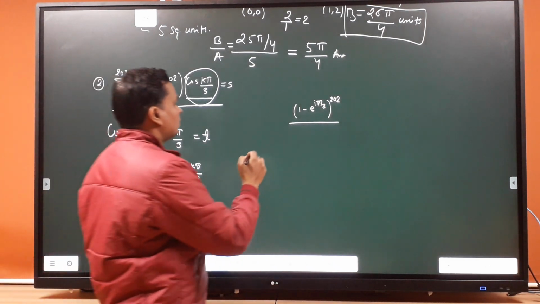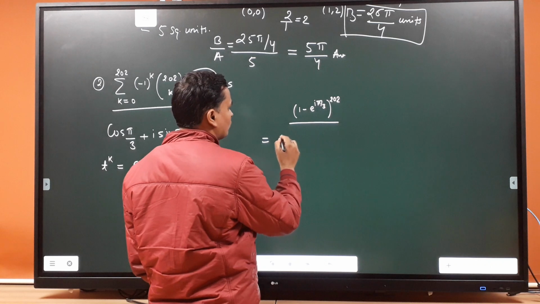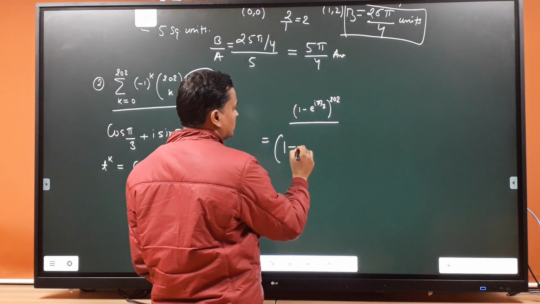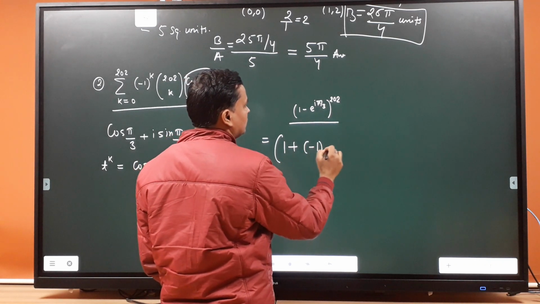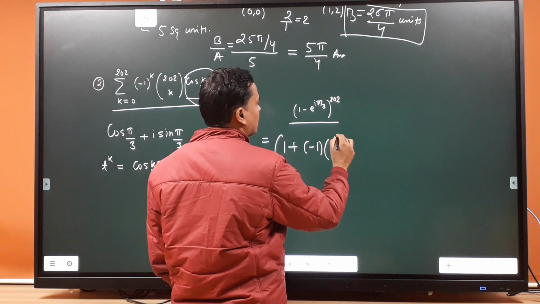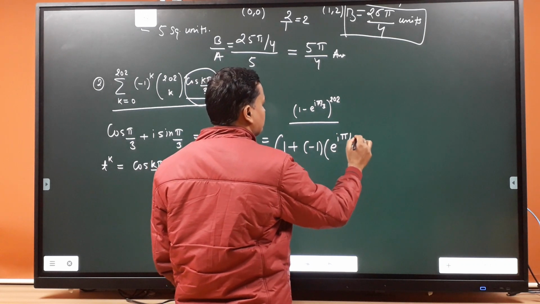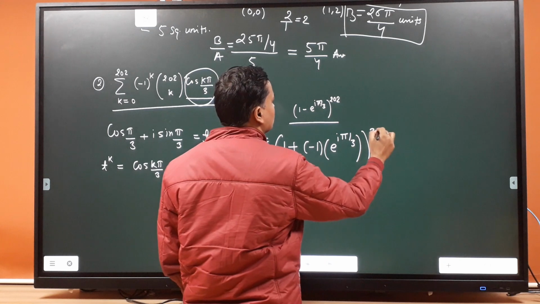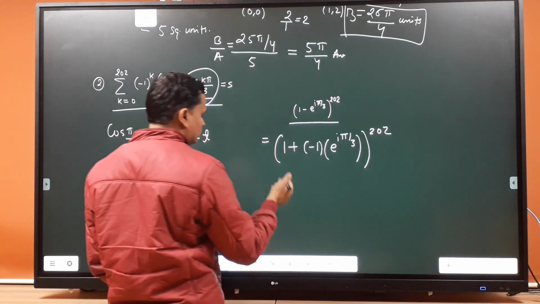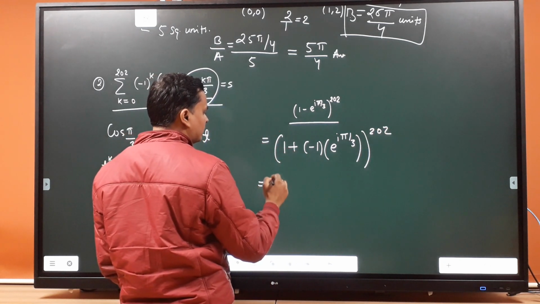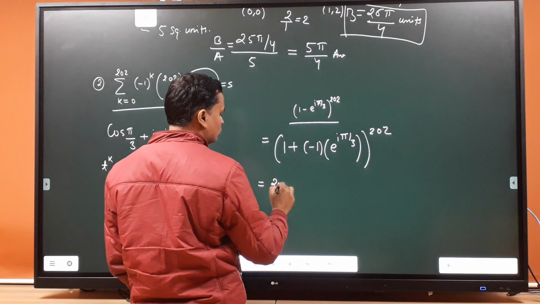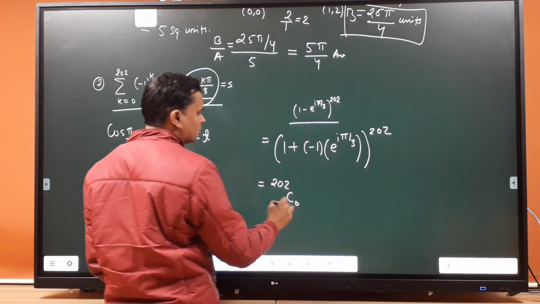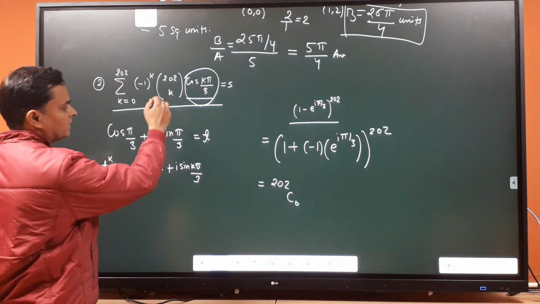How? We can write it like this: 1 plus minus 1 into e to the power i pi by 3, raised to 202. So we can apply the binomial theorem and get 202 C0, this is combination, the same symbol that is written here.